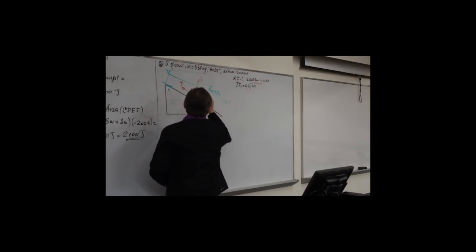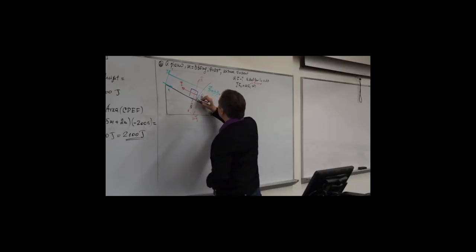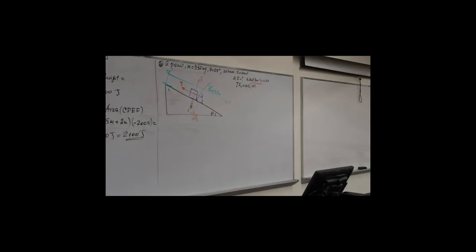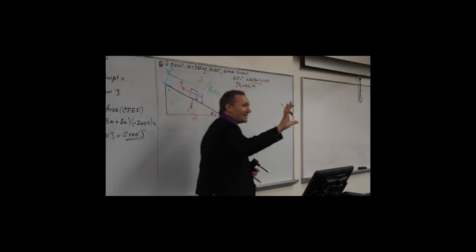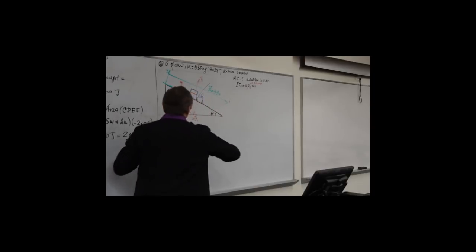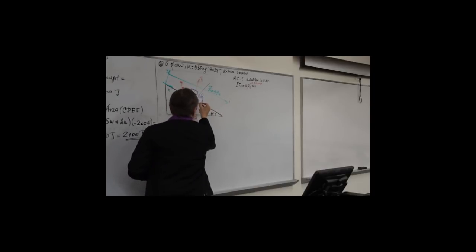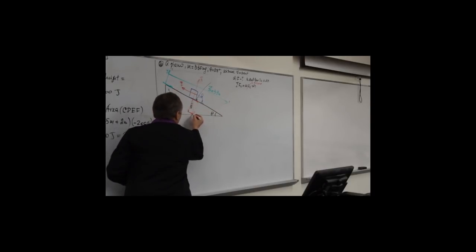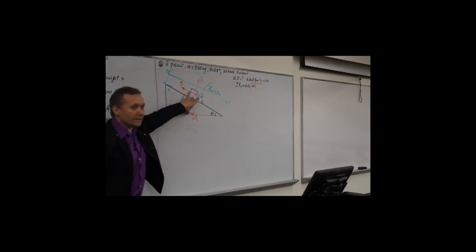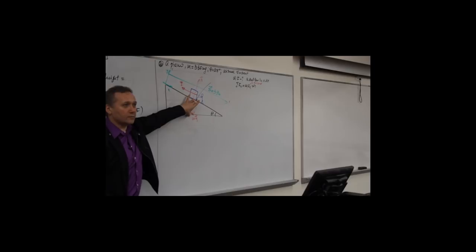Then, what's the value of this x component of the gravitational force? mg times what? Sine. Look, we are talking about this side, but also I can draw it here. This and this, they are the same. It's a rectangle.